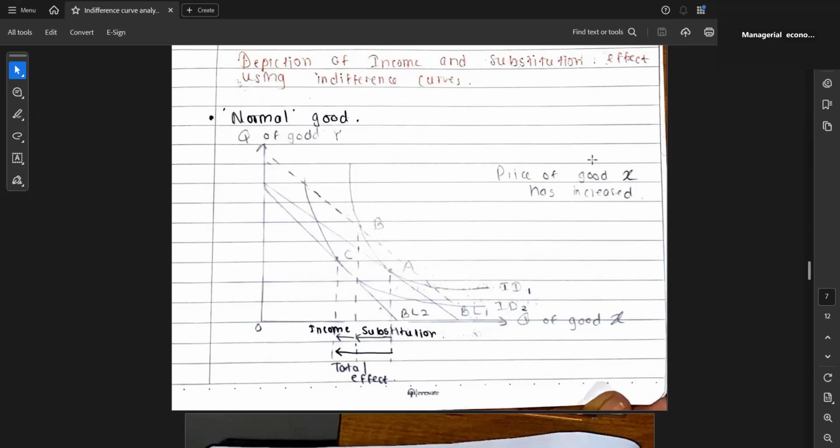He would like to have the same amount of utility even when the price of good X is increasing. Therefore, he will try to reduce the amount he is buying of good X and increase the amount he is buying of good Y. He's trying to substitute the product that has a higher price for the product that has a lower price and stay at the same utility.